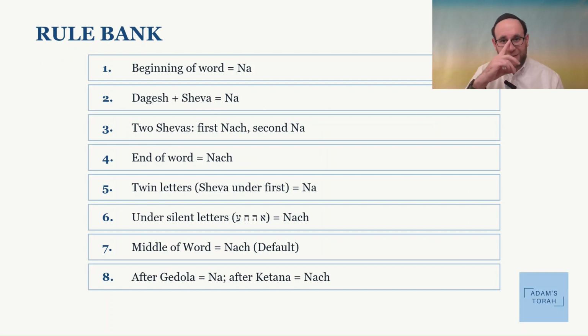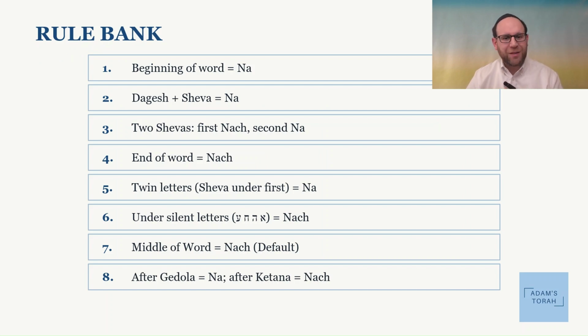And I called that last time the default rule because there are exceptions. What are the exceptions? Now that you know rule number 8, you know the exception. If it's after a Tenu'ah Gedolah, it's not a shvanach, it's a shvanah. And if it's after a Tenu'ah Ketanah, it's a shvanach. So really, rules 7 and 8 go hand in hand.